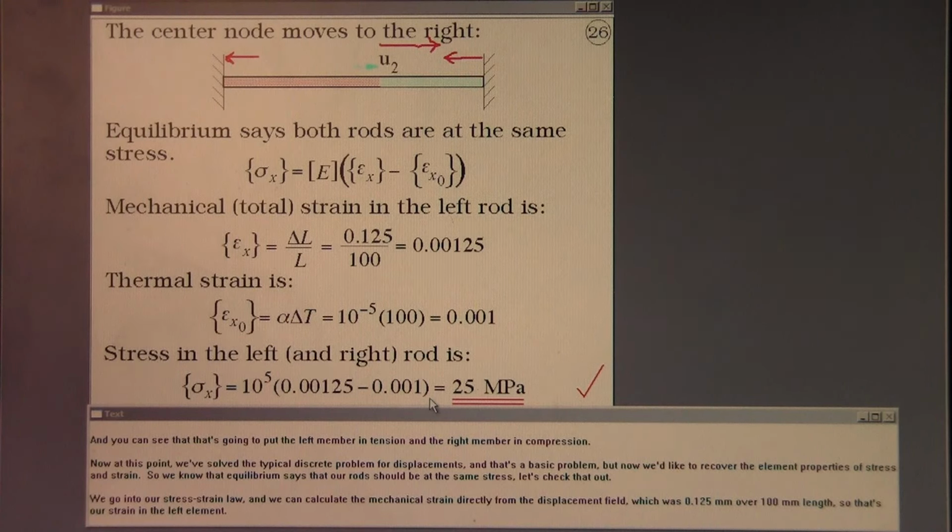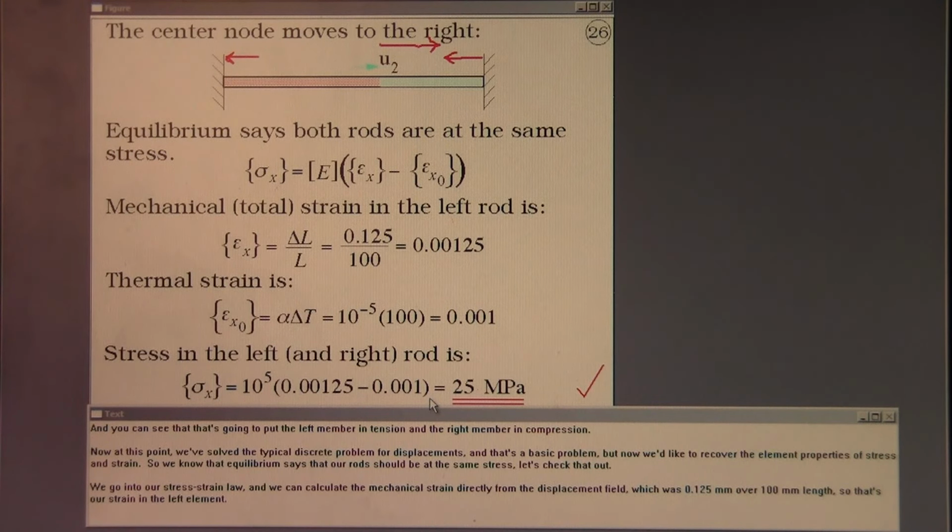Now, at this point, we've solved the typical discrete problem for displacements, and that's the basic problem. But now we'd like to recover the element properties of stress and strain. We know that equilibrium says that our rod should be at the same stress. Let's check that out.